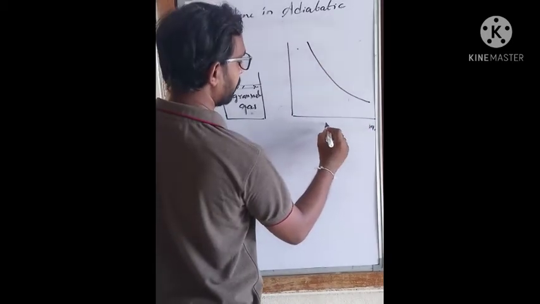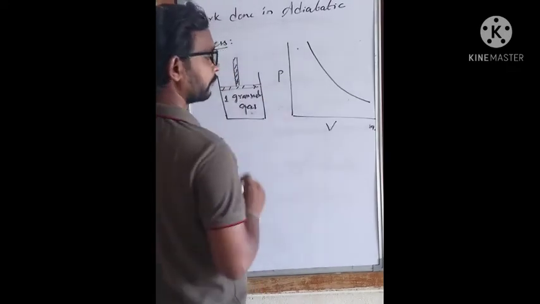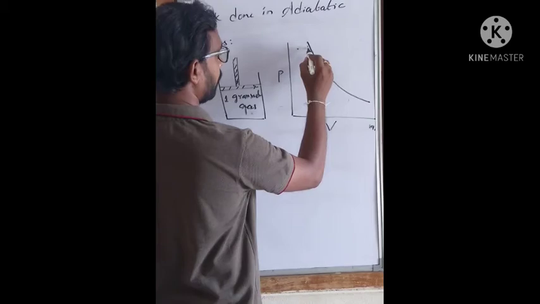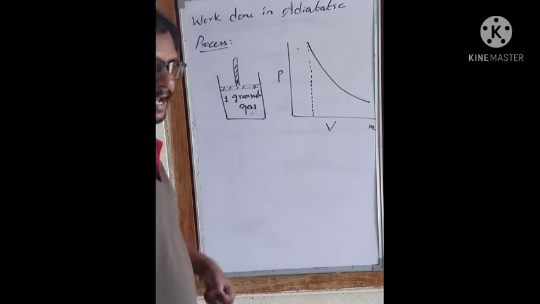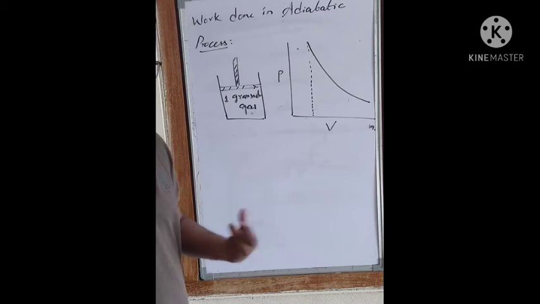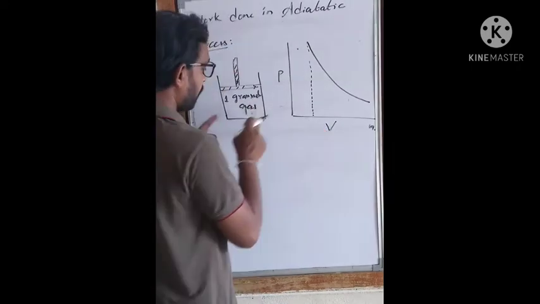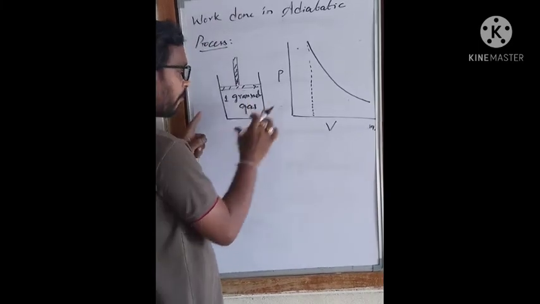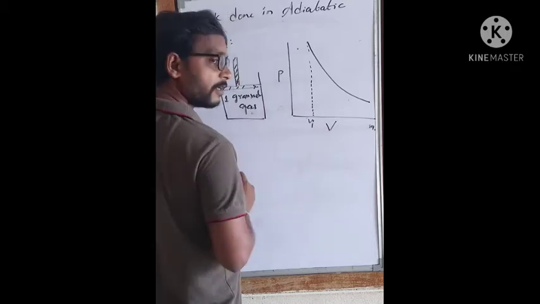On the x-axis I am going to take volume, on the y-axis let us take pressure. Now, initially, before going to expand, the volume of the system can be VI, initial volume.